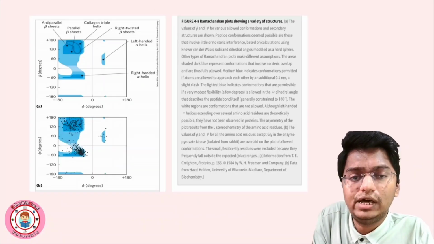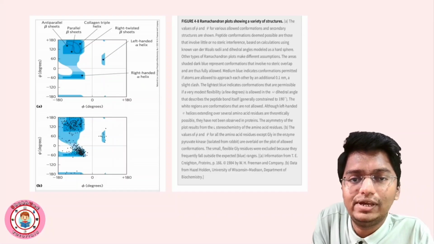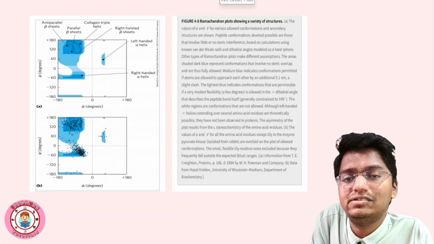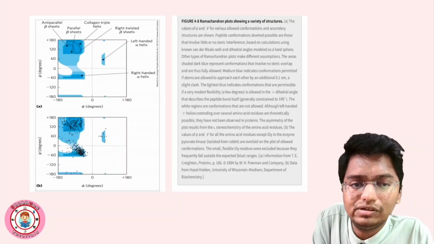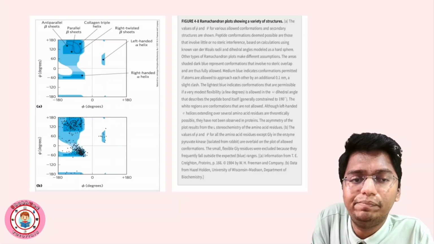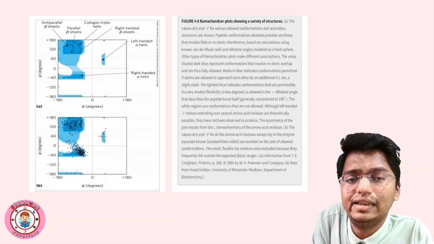Connections. So now this is very important, Ramachandran plot. Okay, Ramachandran plot, यहाँ से भी बहुत questions आते हैं. This is very important for the secondary structure determination. Okay, ये भी dependent है on those dihedral angles.